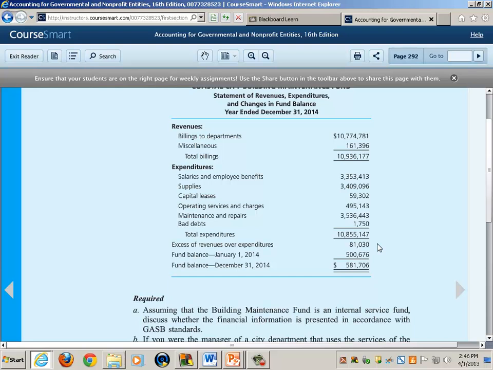Number 13, which of the following is true regarding the government-wide statement of activities? A few people actually did not get that right. So if you read this, some of the answers seem quite reasonable until you really read it, where it says, for instance, or by object or natural classification.